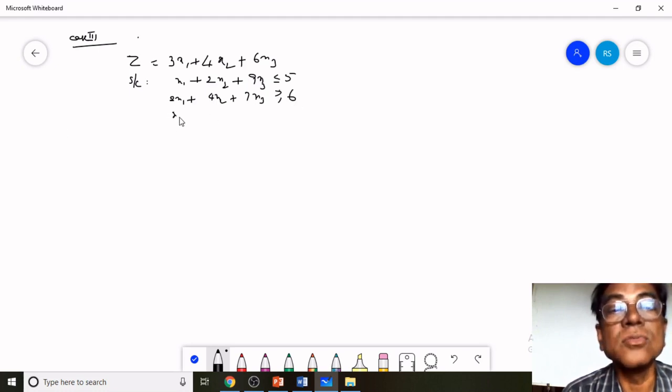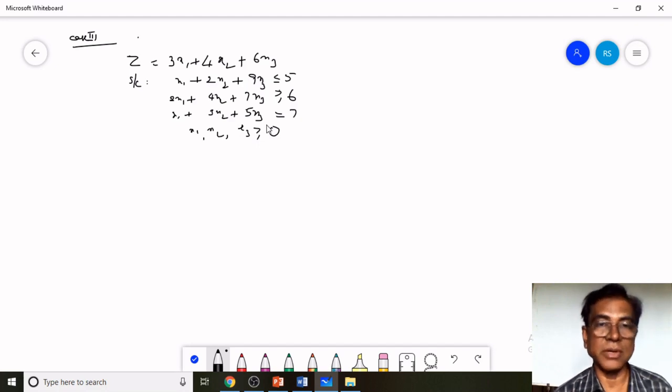Now x1 plus 3x2 plus 5x3 equal to 7. So x1, x2, x3 greater than or equal to 0. Now the problem is given like this.